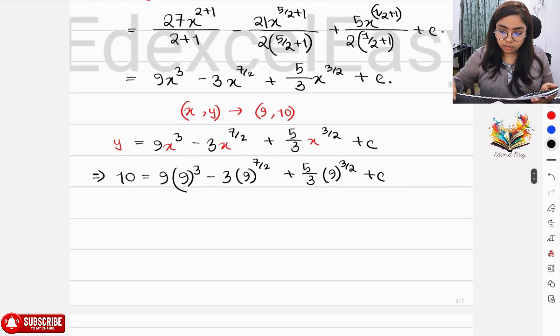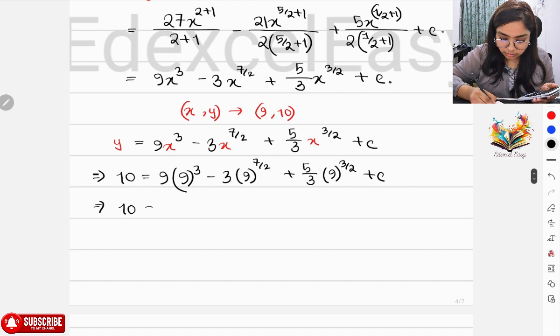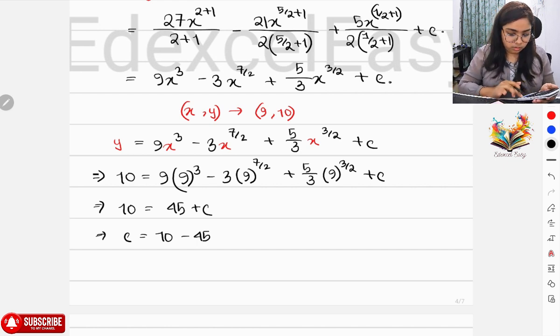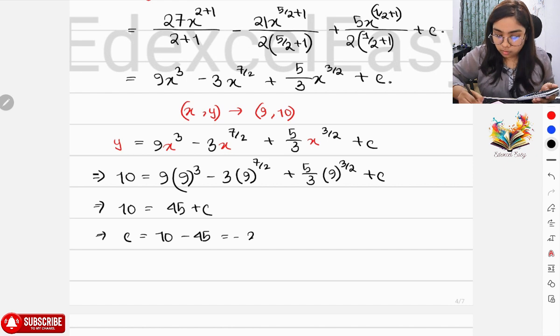So the value over here you're going to get is 10 is equals to 45 plus c. So if you want to find out the value for c, it's going to be 10 minus 45. 10 minus 45 is going to be minus 35. So minus 35.